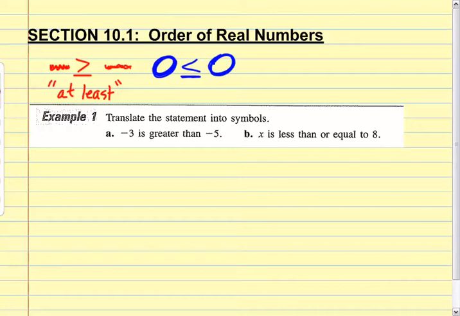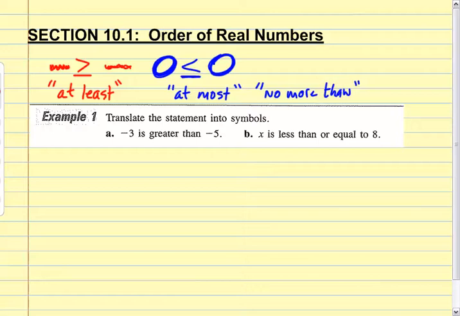This one over here is at most or no more than. Those are some phrases that mean the same thing as less than or equal to. So keep those things in mind. We're going to practice translating these words into symbols, using these symbols.